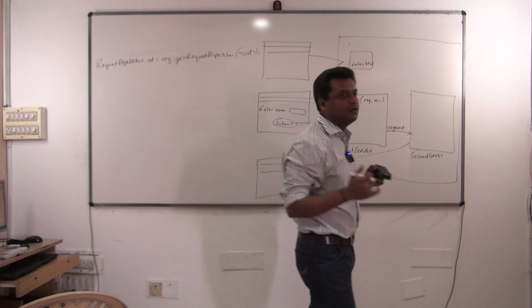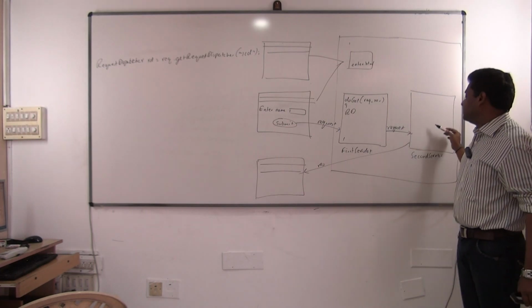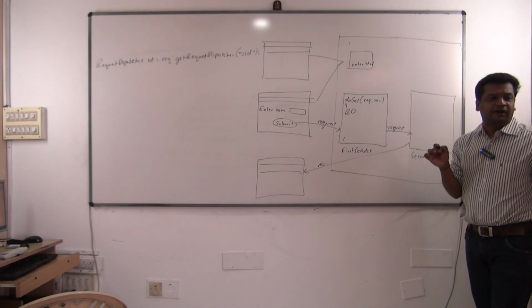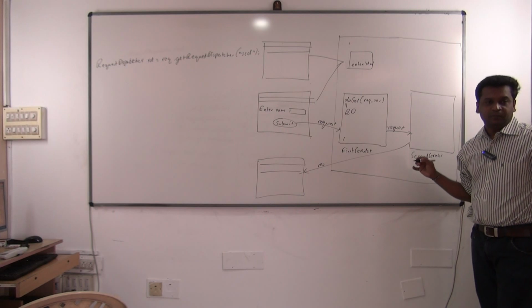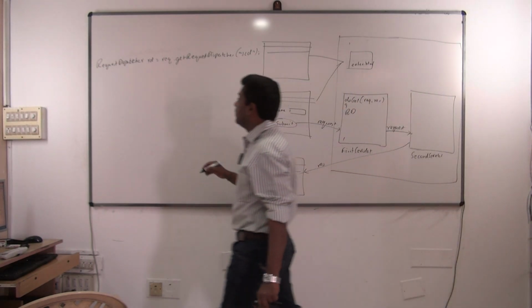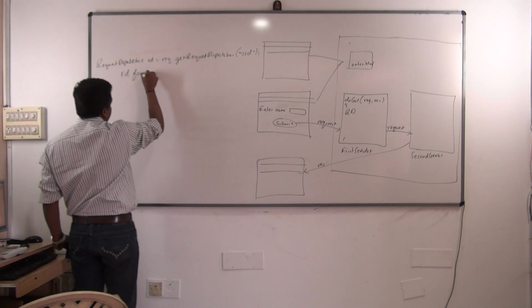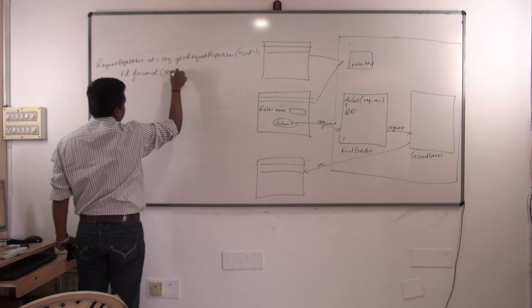A servlet can be only invoked by providing a URL pattern. Remember that. Assuming that the second servlet is having a URL pattern called SCD, that you have to give here. And apart from that, you have to write rd.forward(request, response).